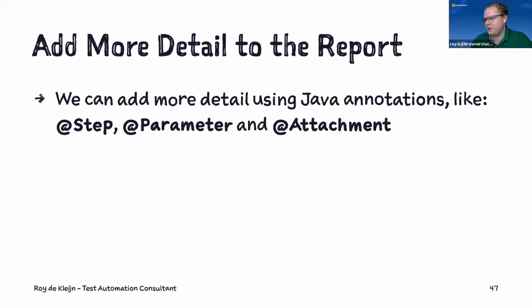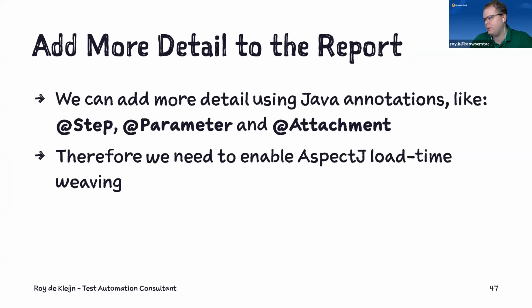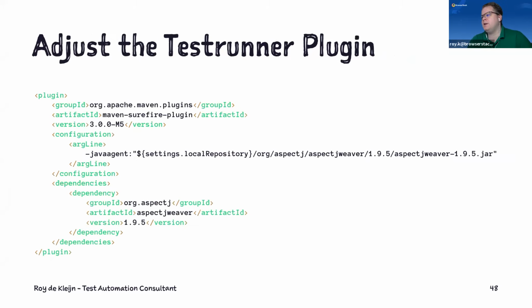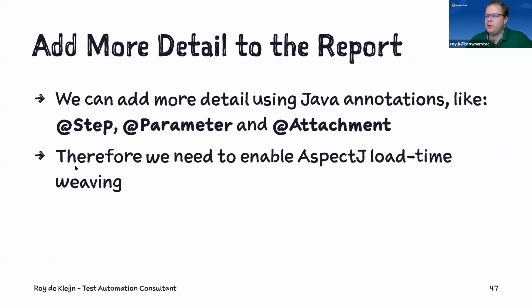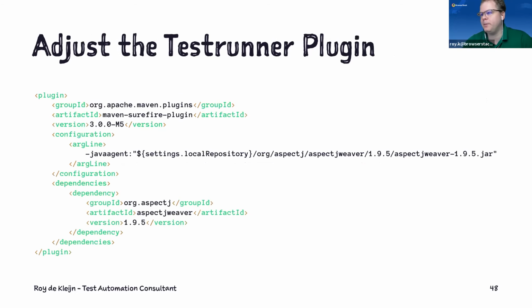That is basically the screenshot, and the step annotation will provide some text to your report. And if you like to run it with some extra information, we need to include AspectJ for load time weaving. So it will weave the text into your report at runtime. And if you like to do that, you have to add this to your test runner plugin. And this line is one of the most important lines.